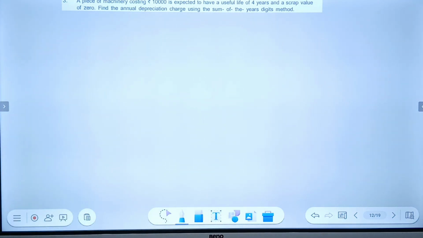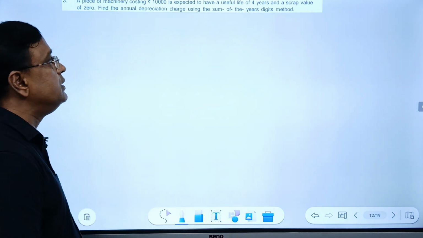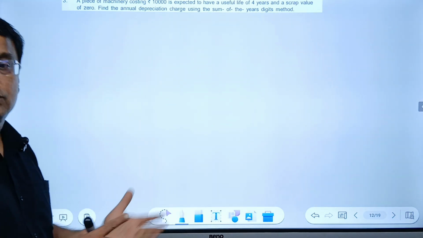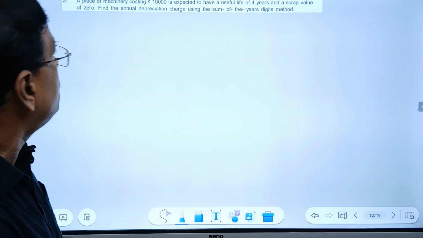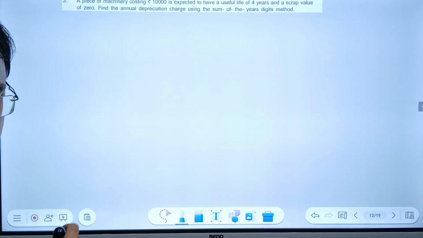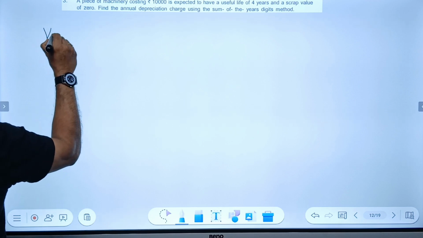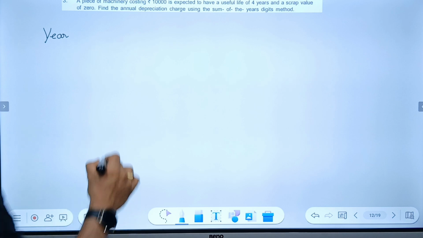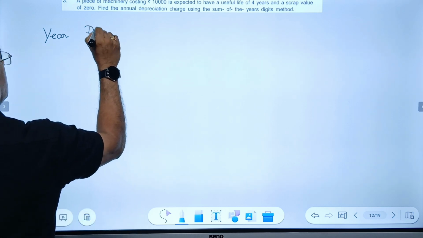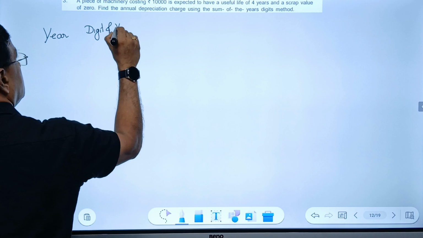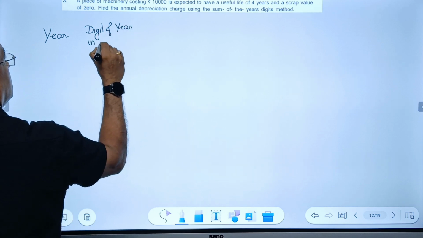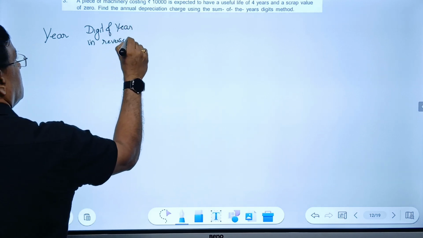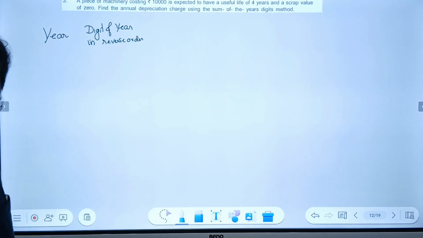A piece of machinery costing 10,000 is expected to have a useful life of 4 years and a scrap value of 0. It has no scrap value. So how do I do it using the sum of the years digit method? First, I'll draw a table. I'll call the first column years. The next one will be digit of the year in reverse order. Then fraction of the asset to be depreciated.